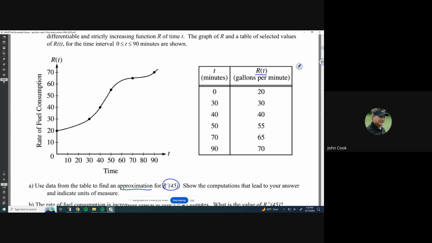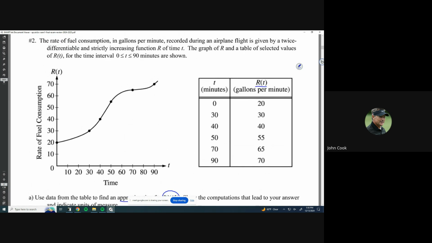An approximation for R prime of t: just remember that R prime is the derivative. And a derivative is the same thing as the slope of the tangent line at some x, same thing here, derivative at some time t.